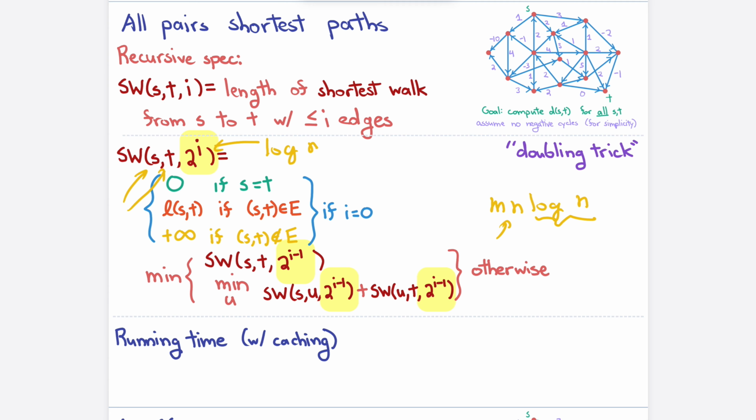One thing to point out, M is disappearing because we're not just exploring edges anymore. You're exploring all the intermediate vertices. So you just pay an N. There's none of this kind of collapsing. So you have N squared log N subproblems times N per subproblem, and you're going to get N cubed log N. Okay, but it's just using this doubling trick. Now we're doubling the edge count, and that's much faster.